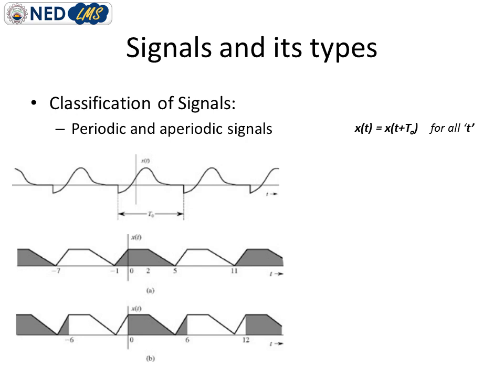So the major criteria or expression which will help us in claiming the periodicity of any signal is shown here. It is x of t is equal to x of t plus T naught for all values of time.